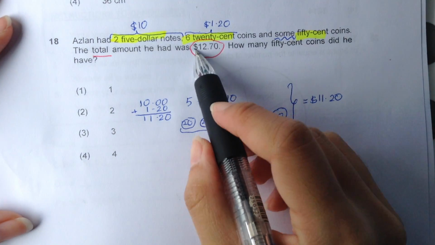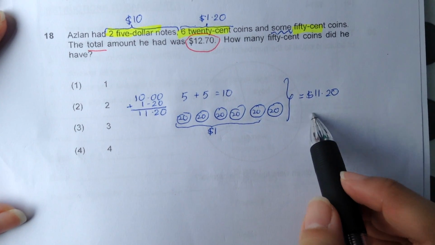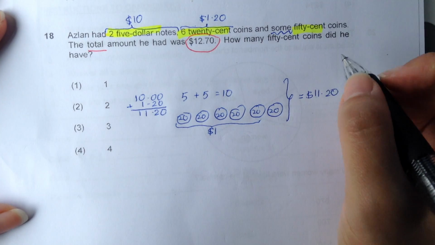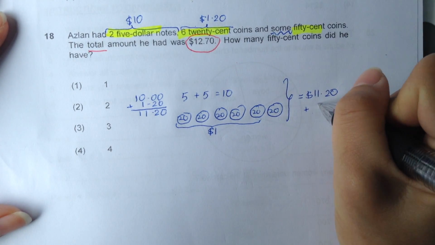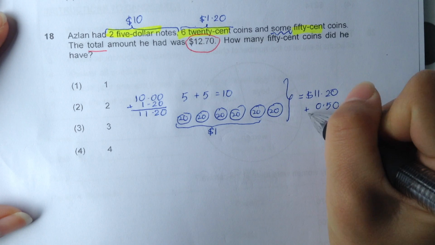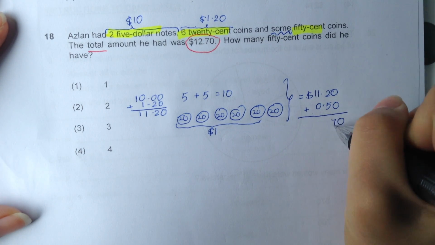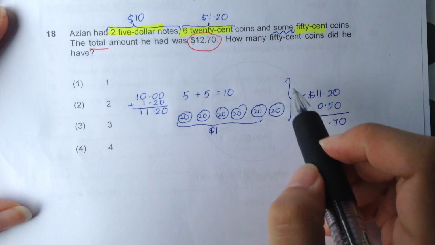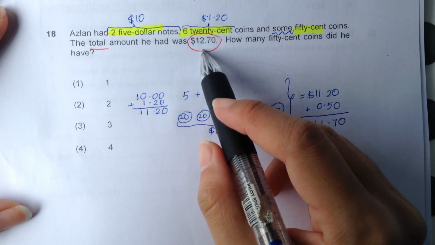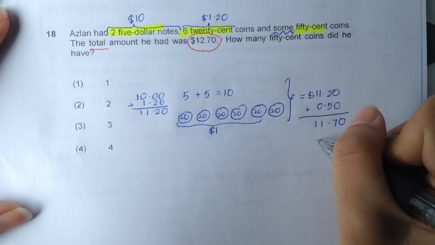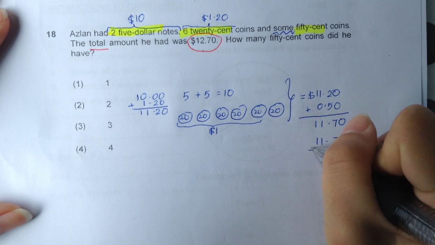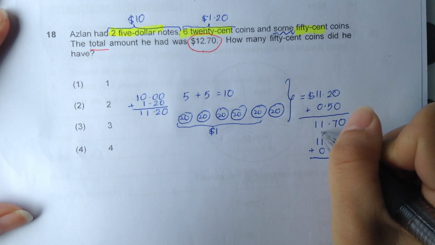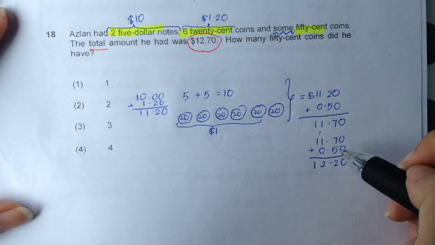So you want $12.70. So how much more do you need to get $12.70? The rest are 50-cent coins. So what I can do is I can add one 50-cent coin first. $11.70. Enough? Not yet. I want $12.70. So I add one more 50-cent coin. $12.20.